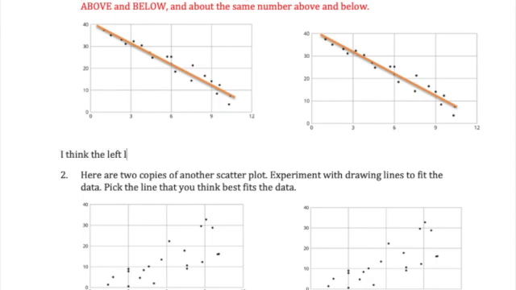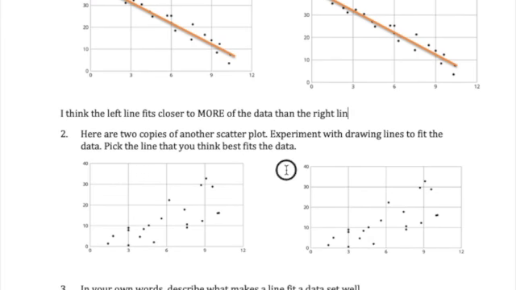I think the left line fits closer to more of the data than the right line, especially more towards the left. So I'm going to say I like my left line better. If you said the right line, they're both pretty good lines.